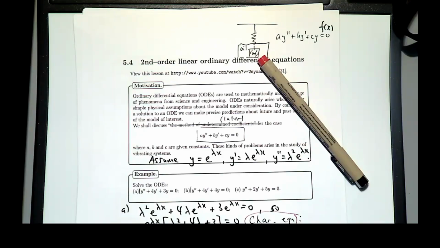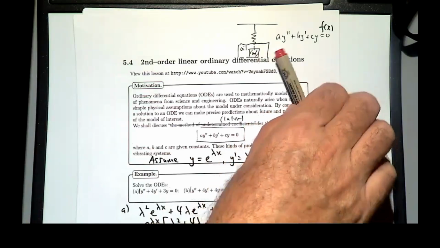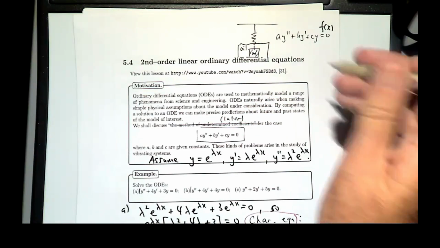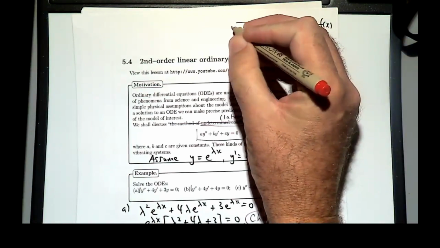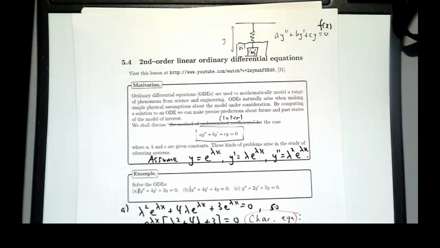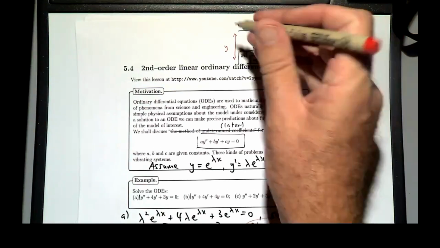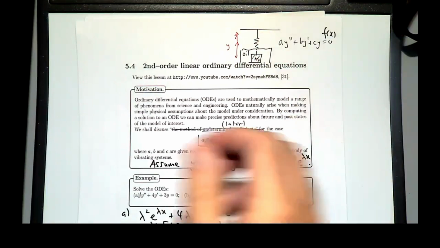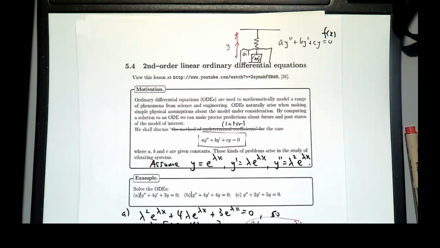And so in this general kind of modelling sense, y is the position. It's going to hang under gravity, which is its equilibrium position, and then you perturb it, you pull it, or you push it, and you let it go. So basically, y gives you the position of the mass at some future time t.